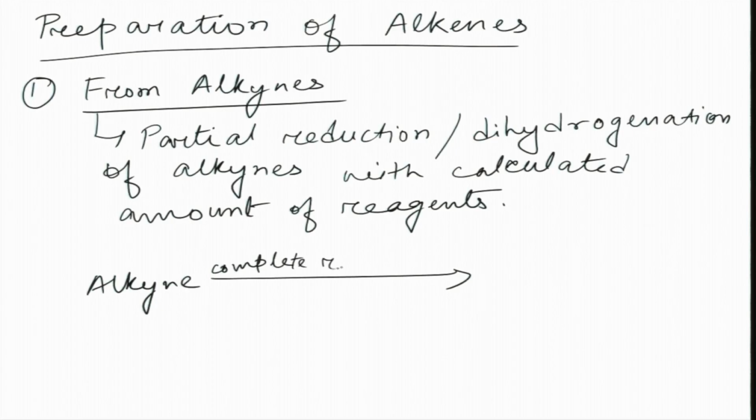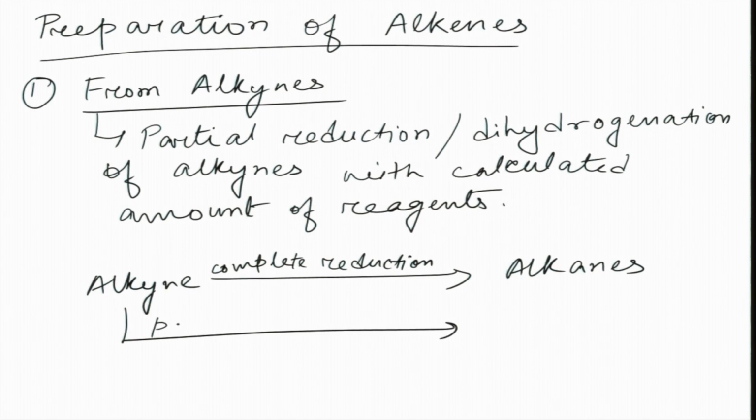But for partial reduction, they will give alkenes. For the conversion of alkynes to alkenes, there are two methods.